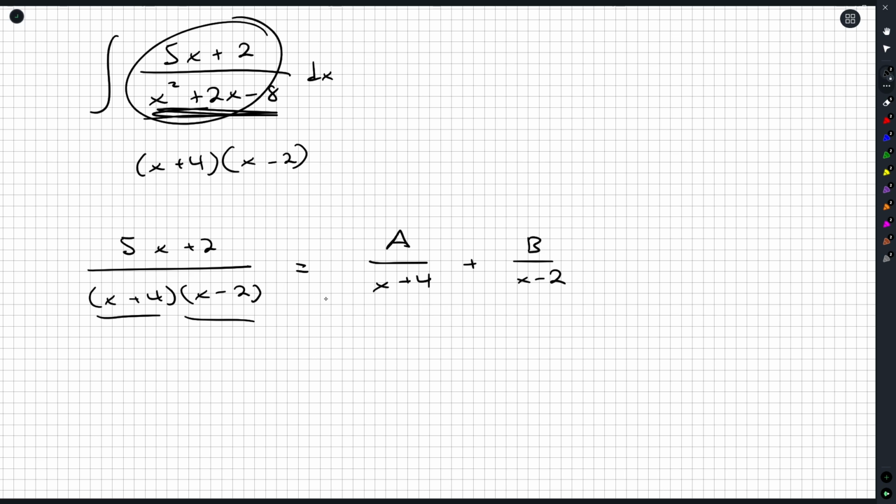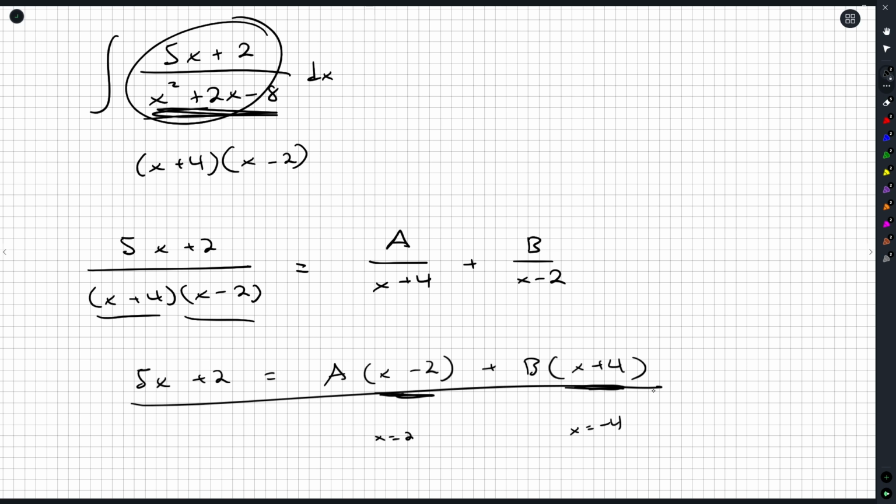Multiply both sides by (x + 4) times (x - 2). You'll have 5x + 2 is a times (x - 2) plus b times (x + 4). So what I'm going to do is ask, what makes x minus 2 equal to 0? 2. What makes x plus 4 equal to 0? Negative 4. I will plug these values into both sides of the expression to isolate for variables b and a one at a time.